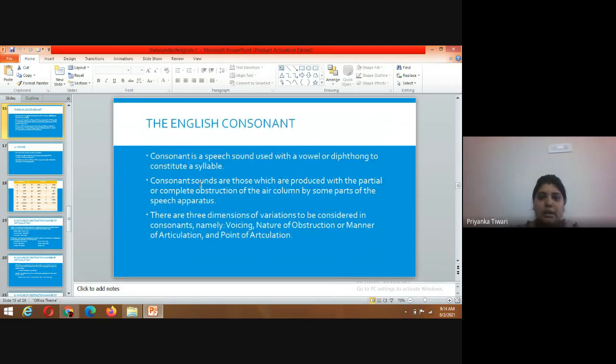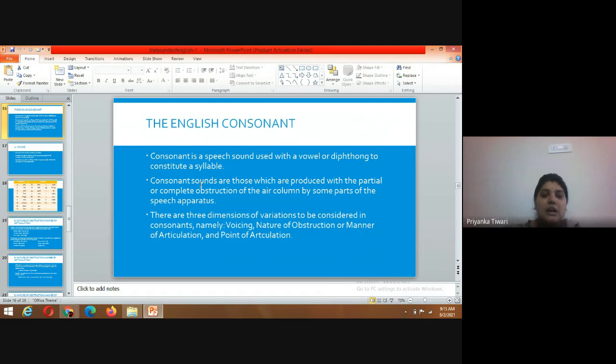A consonant is a speech sound used with a vowel or diphthong to constitute a syllable. Consonant sounds are those produced with the partial or complete obstruction of the air column by some parts of the speech tract.